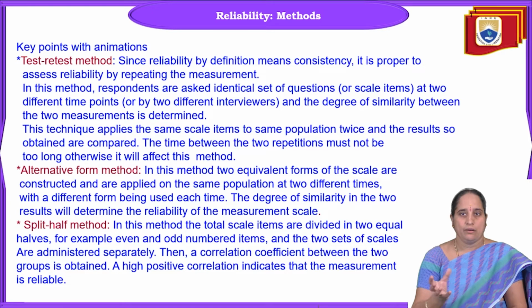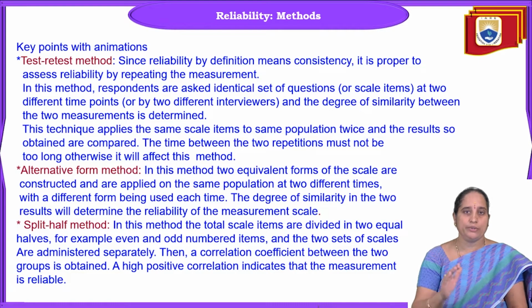Then we compare whatever answers or responses were given by the same sample group or target group in two different locations by two different interviewers. But the condition is that for the two repetitions, there should not be a long gap between the two experiments.